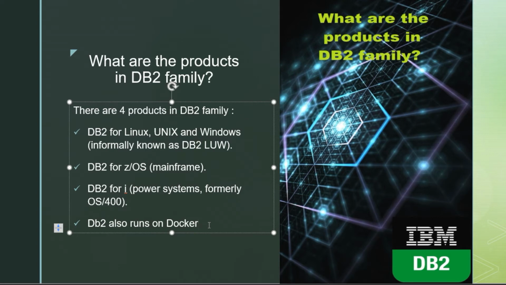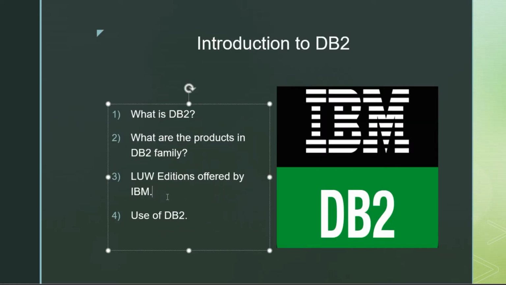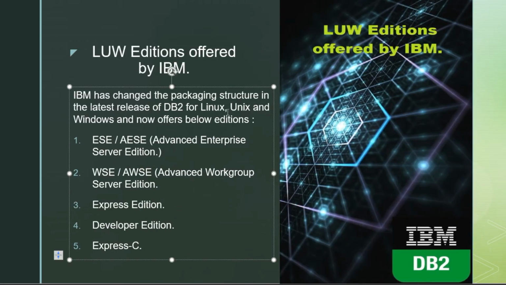Moving on to the next topic, which is LUW editions offered by IBM. Depending upon the requirement of needed features of DB2, the organization selects the appropriate DB2 version. IBM has changed the packaging structure in the latest release of DB2 for LUW and now offers various editions.